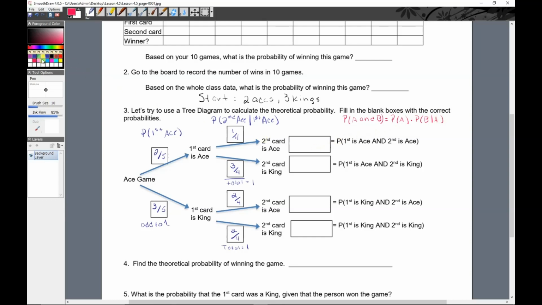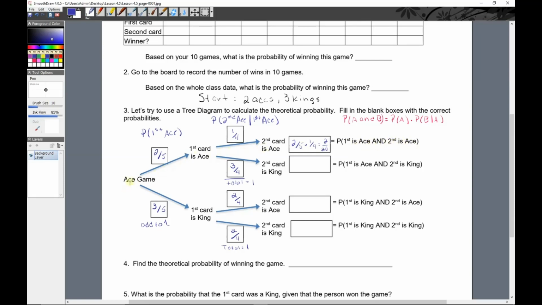So we can go ahead and fill in these, because all you have to do is follow along the branch and take whatever fractions are here for the initial split and the conditional and just multiply them. So this will be 2/5 times 1/4 is 2 out of 20. And that's the probability that you picked an ace and an ace. First is an ace and the second is an ace.